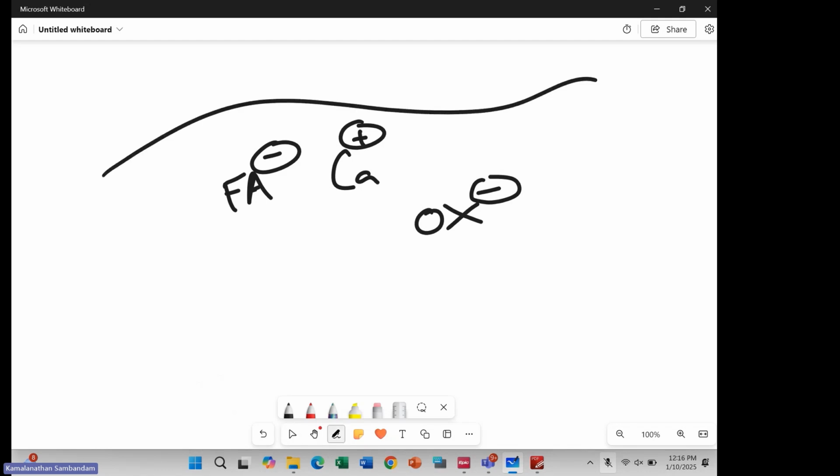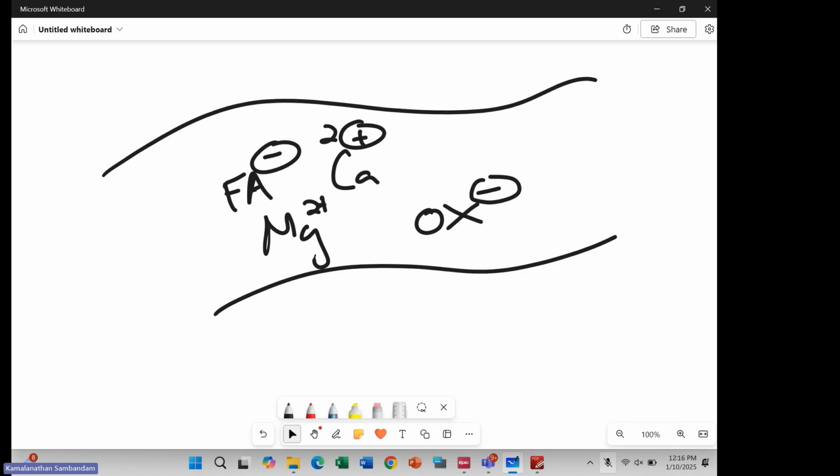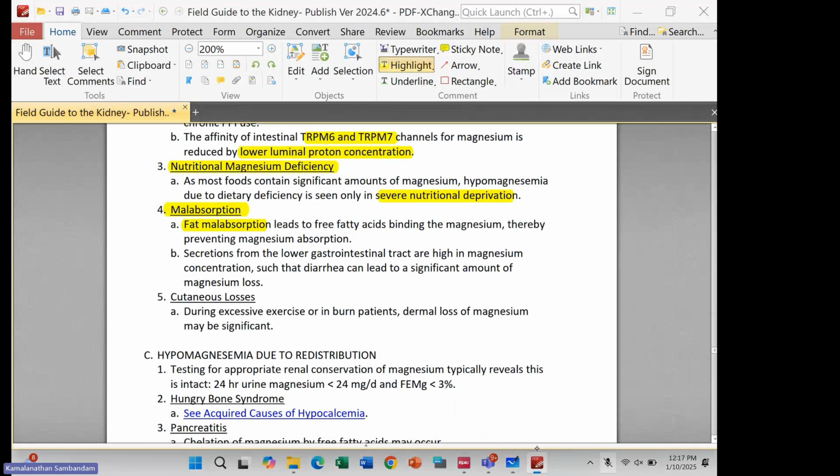Here we are in the lumen. So similarly, fatty acids, a negatively charged species, can bind some of these other cations, including magnesium, resulting in impaired absorption of magnesium. Okay, but again, diarrhea, chronic diarrhea of any cause is a classic or common cause of magnesium deficiency.